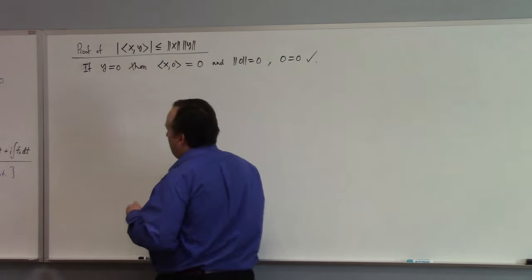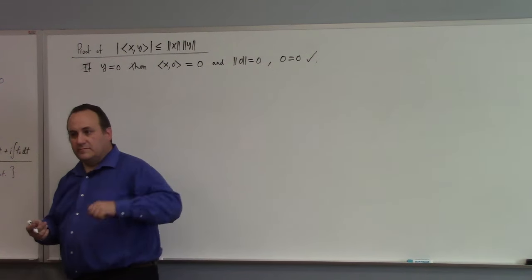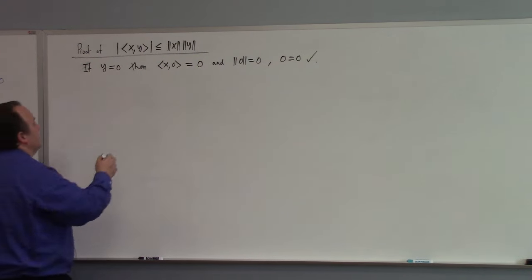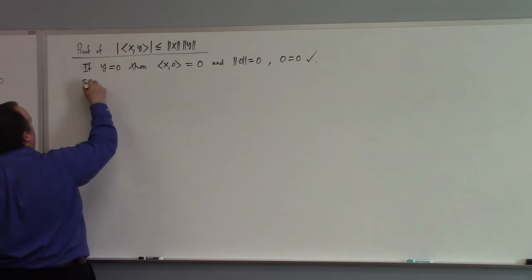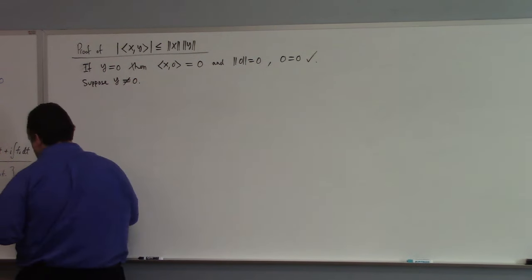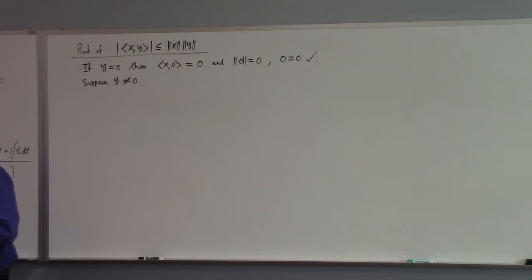All right. Assuming that you proved the other part of it, right? That the norm of 0 is 0. Okay, great. So suppose that y is not equal to 0. All right? And let's look at an identity.